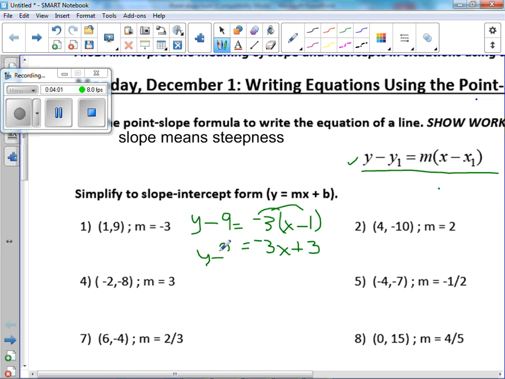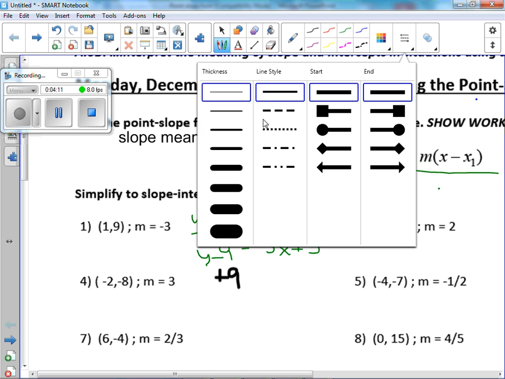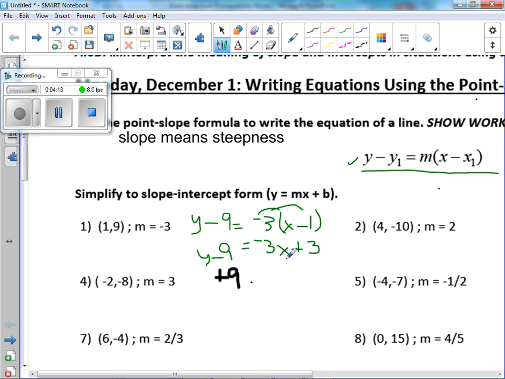It's hard to write with a mouse, but it's okay. So now I'm going to add 9 to both sides. Don't add it to the 3x because it's not a like term. So now that canceled out. We have y equals -3x plus 12.